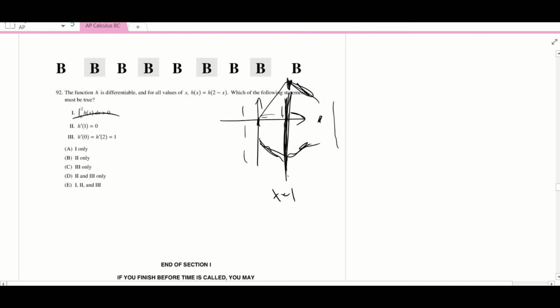If it's going down, it has to go up. So 2 is correct. And number 3, the derivative at 0 is equal to the derivative at 2, which is equal to 1. It's not given anywhere. I mean, it could be pointing down. It's not given, so it's only 2.